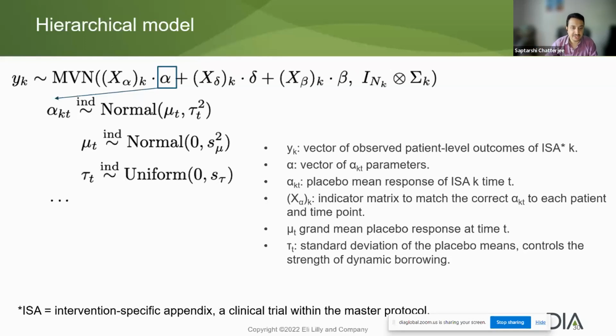That's where the T index comes in. Here we also have a precision corresponding to each time point. Once we set that up, a diffuse prior is put on mu_t, the grand mean. This part is quite important, because depending on h tau, whether it's too small versus too large, there is a little bit of impact that we could see. But this is where the hierarchy is placed.